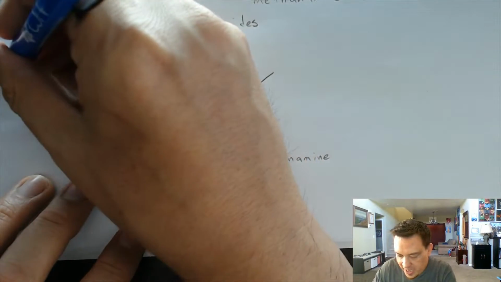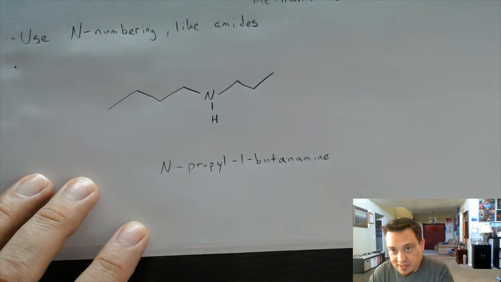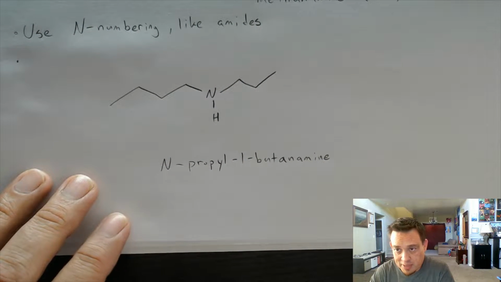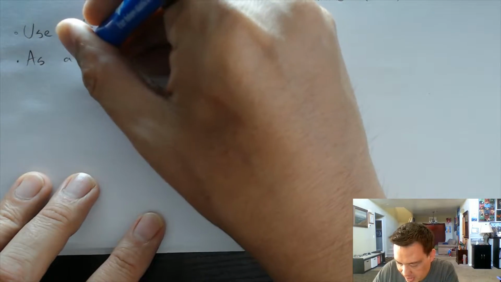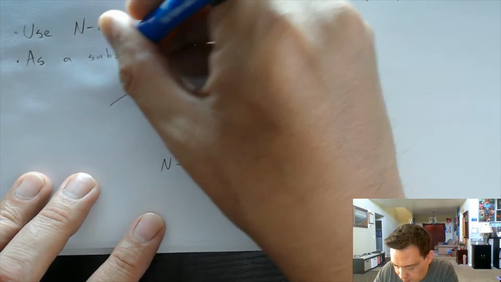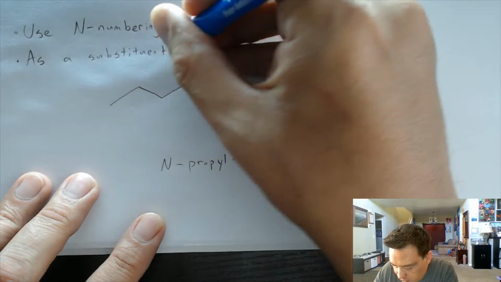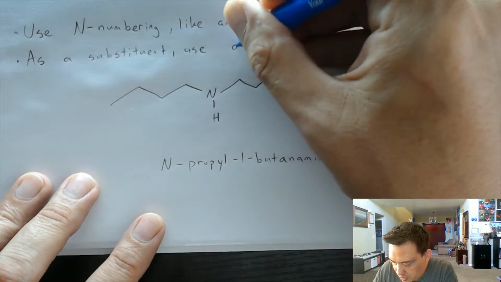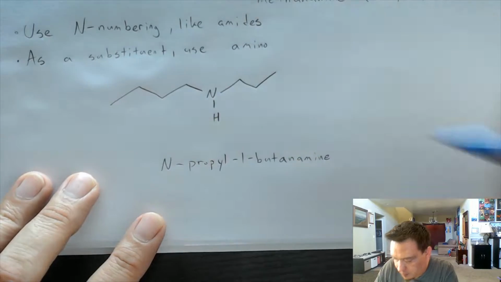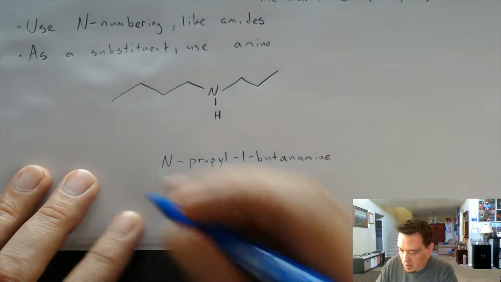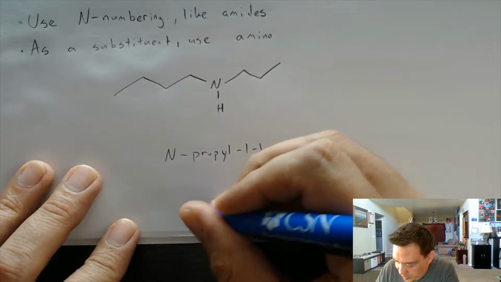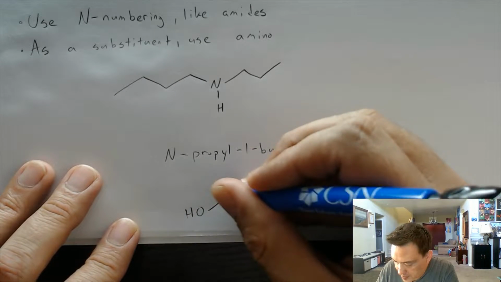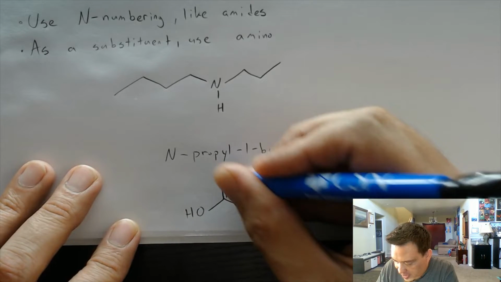Another rule I want to add here is if you're naming this as a substituent, you want to use amino. So as a substituent, use amino. Oftentimes if you have these oxygen-containing groups, these are typically higher priority than nitrogen is.